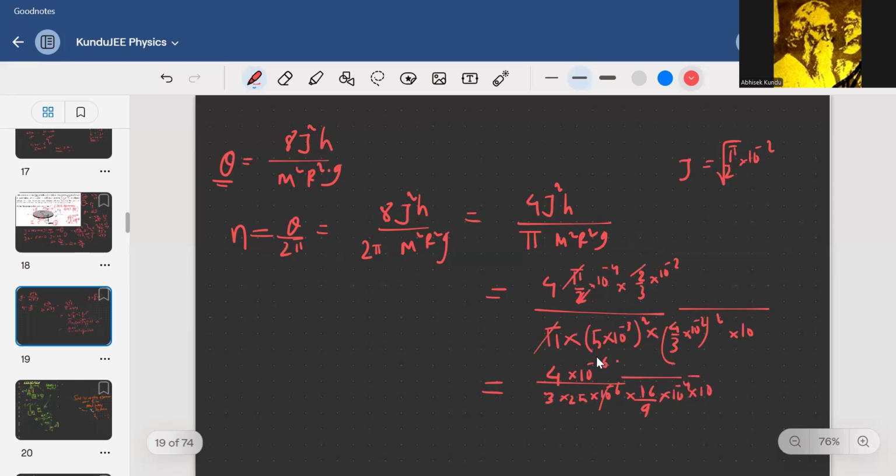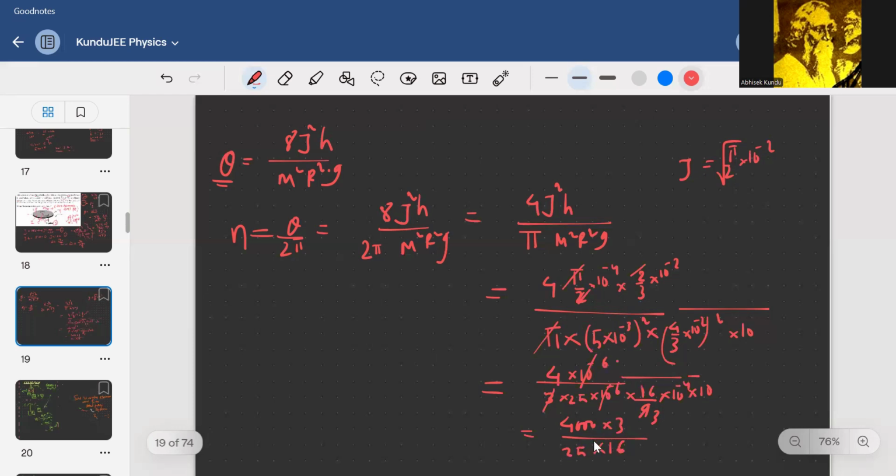Here the 10 to the minus 6 terms will cancel out, and then 3 will cancel, so it is 3 by 25 into 16.